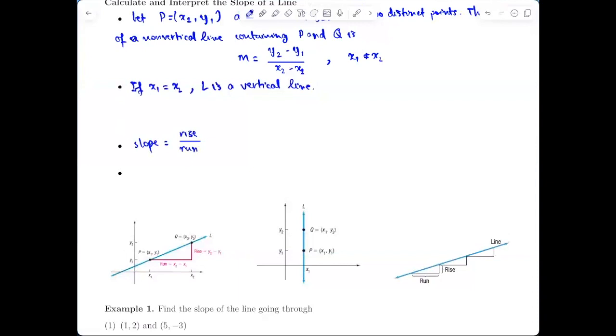It's called the average rate of change. That is, the numerator is the change in y value and the denominator is the change in the x value. So this can also be described as change in y over change in x.